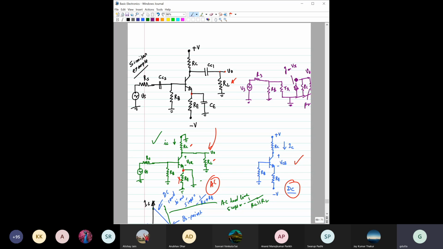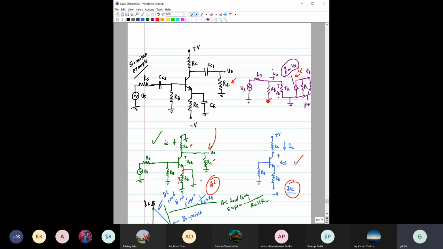Okay, so this is V pi, you know that. This is IB, right? This gm V pi can also be written as IC. This is IB, this is IC, right?